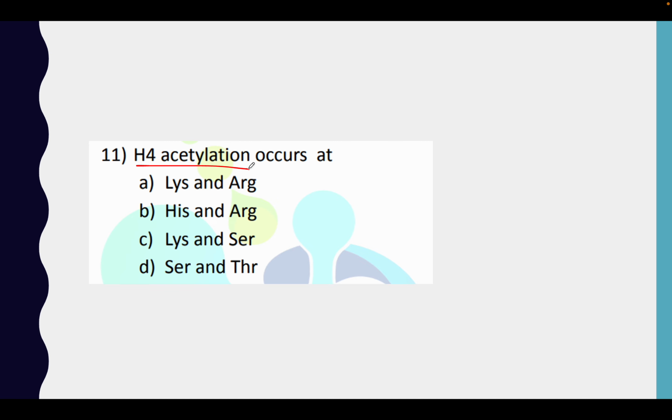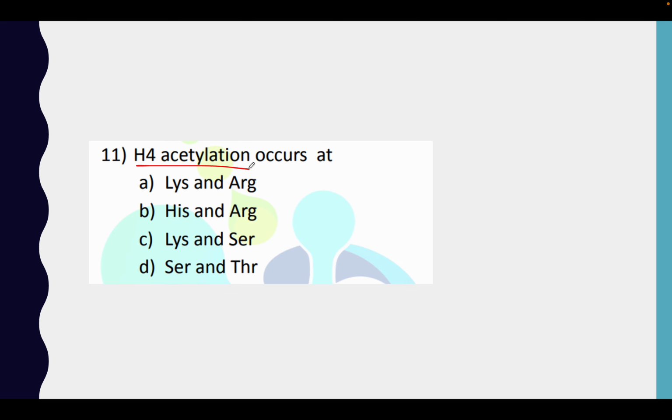Now H4 acetylation. Anyone knows the answer?